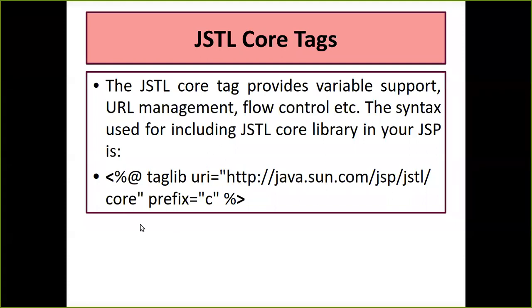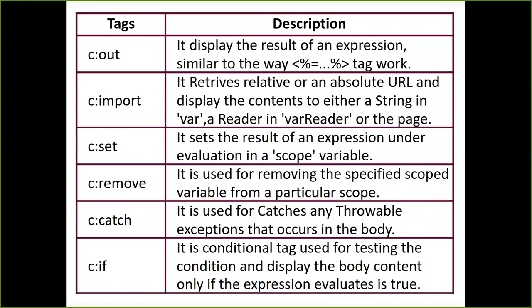Now in the taglib directive, we are going to have two attributes, one is URI and the other is prefix. So when we work with a core tag, what URI am I going to pass? This is the URL which we learned in the previous slide. And what is the prefix for the core tag? That is c. We'll see what all sub tags we have which we can make use of. These are all the ready-made tags which are available inside your main tag called core tags.